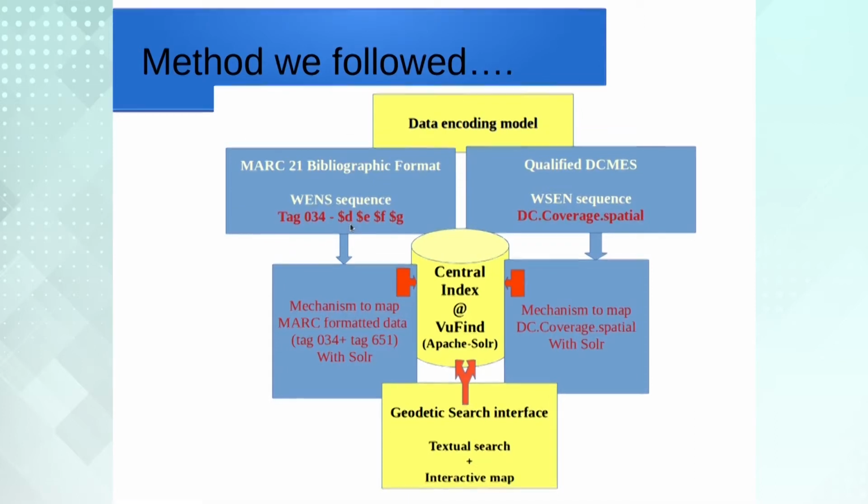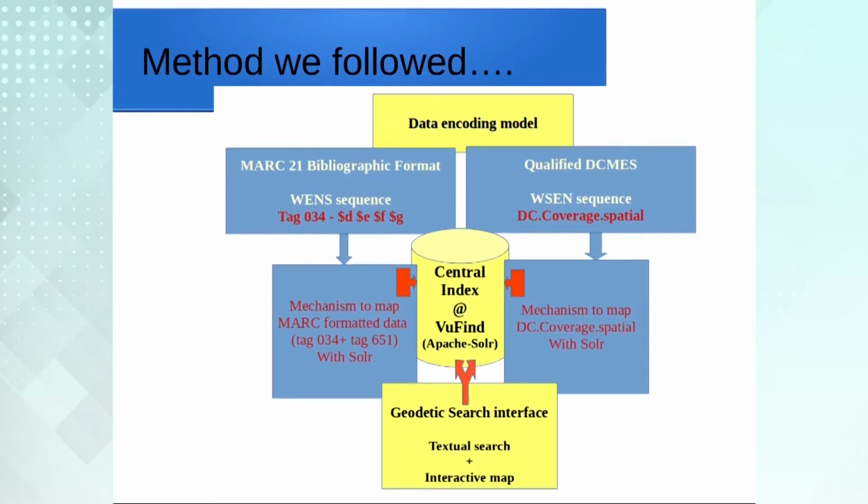Subfield D deals with the westernmost longitude or latitude value of a place, subfield E deals with the easternmost values, subfield F deals with the northernmost values, and subfield G deals with the southernmost values. Similarly, in case of a qualified DCMS, we can enhance the dc.coverage primary metadata element into dc.coverage.time and dc.coverage.spatial.